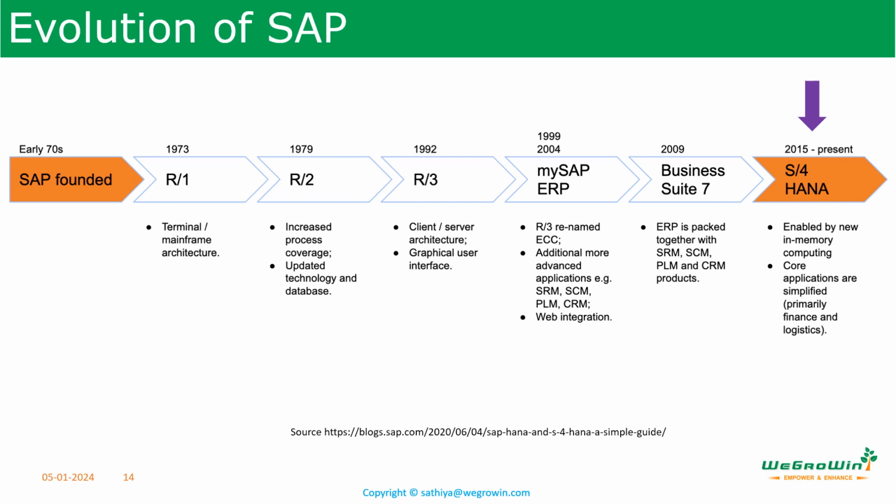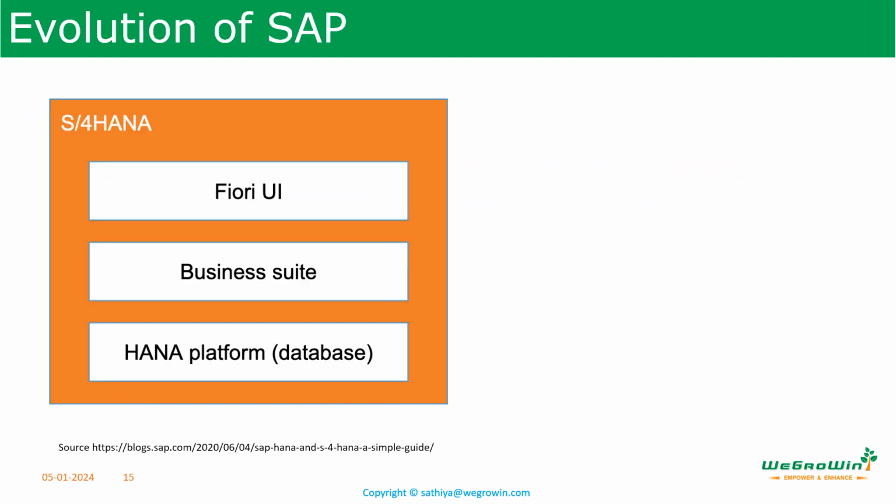S4 HANA stands for SAP Business Suite for SAP HANA, and it is a collection of different things. It cannot be correctly called either a technical upgrade or a functional enhancement, and it is a combination of these two. Each company needs to define its scope for S4HANA, the conversion from ECC to S4HANA, based on the objectives of those companies.